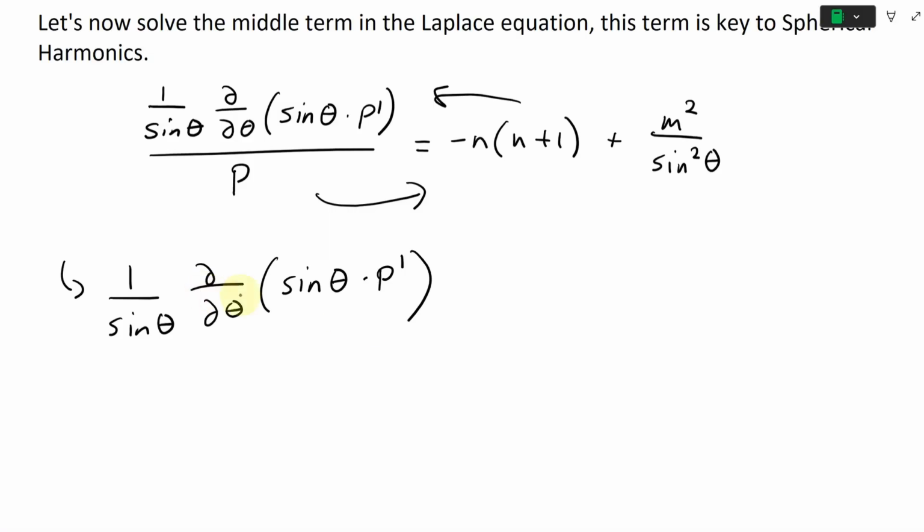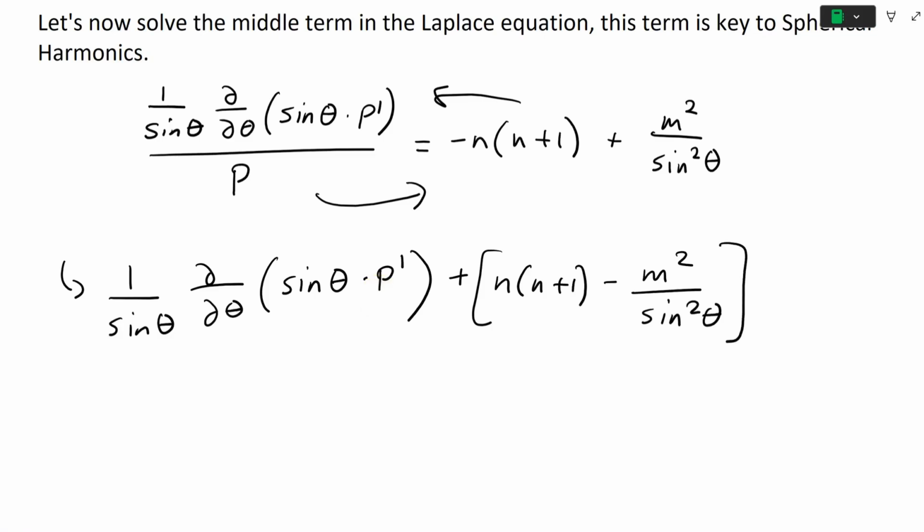And now this is multiplied by P there, so minus, this thing is going to be plus now, and I'll put a giant bracket, so plus n times (n plus 1) minus m squared over sine squared theta, and then times P equals 0, like that.